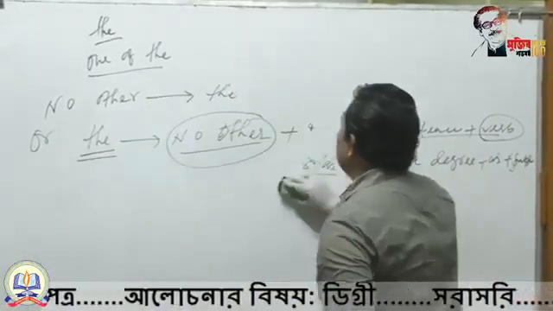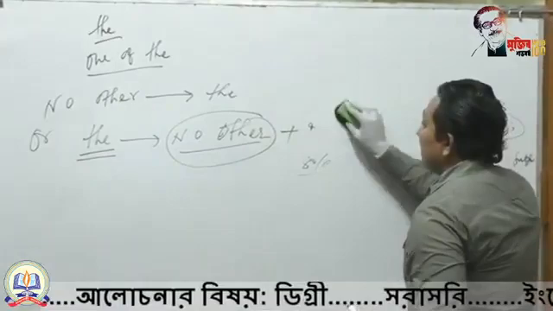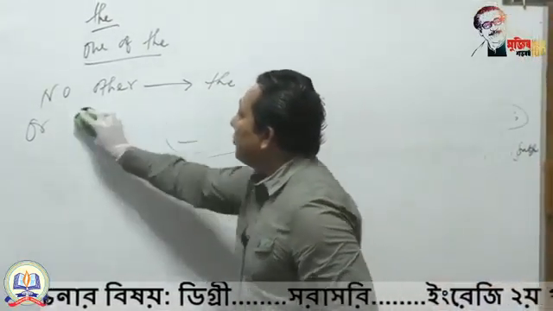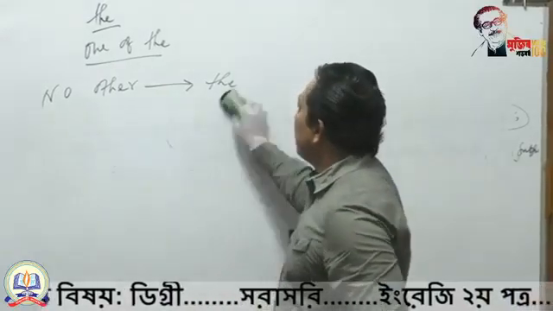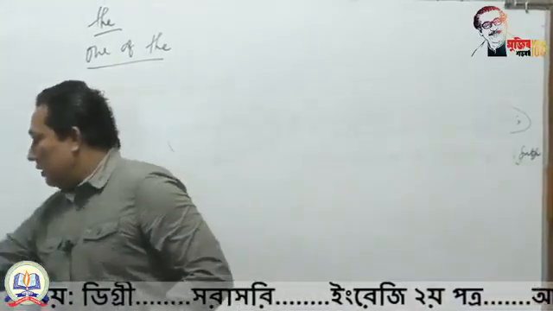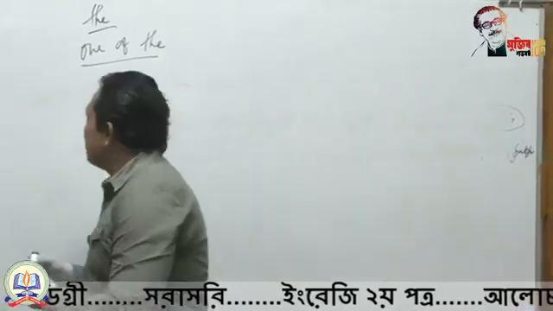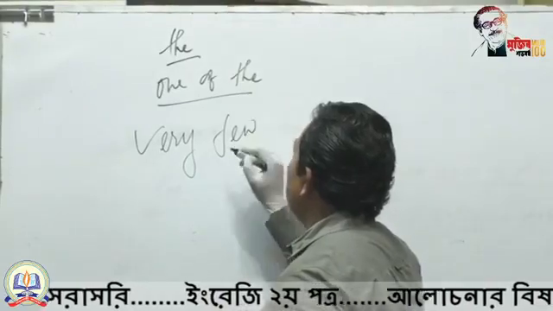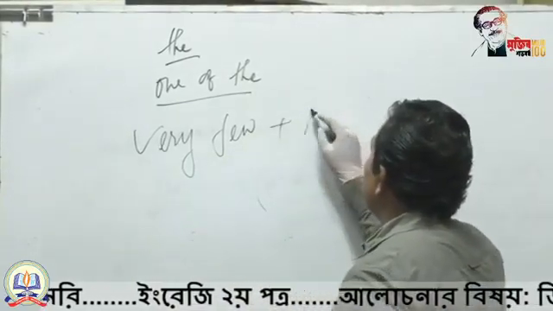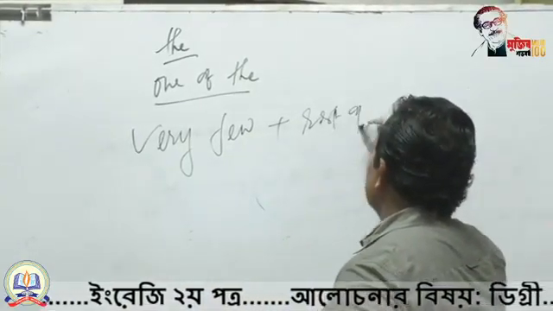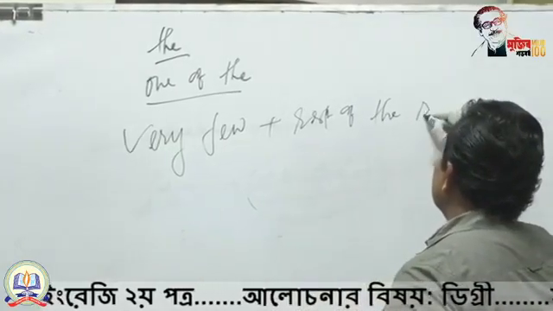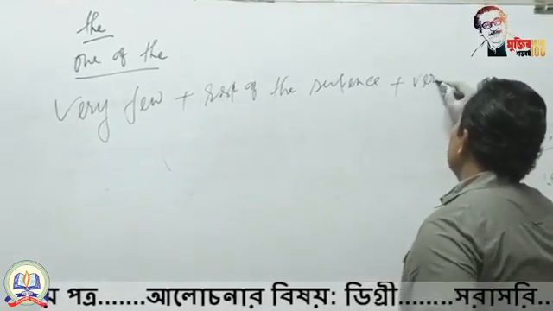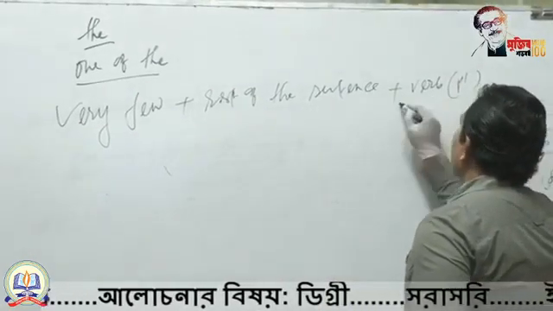If you find the superlative degree, it started with "the." And if you find "one of the," what will you do? If you find "one of the," you have to use "very few." Very few, plus rest of the sentence, plus verb plural form.